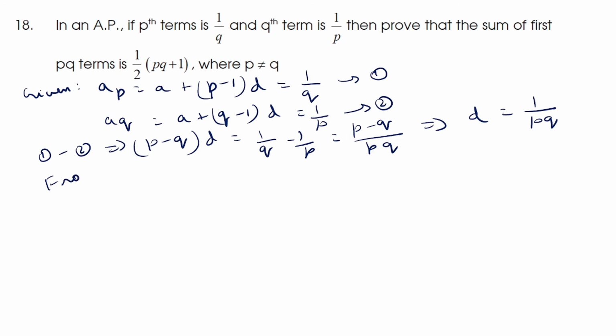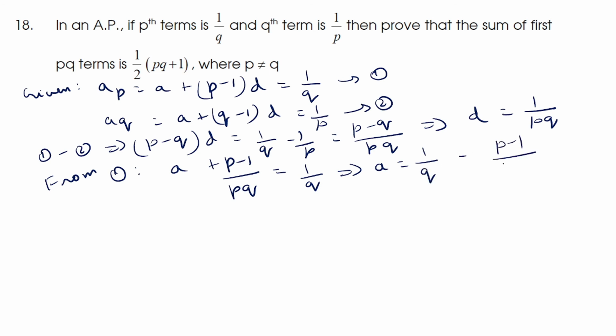Then from 1 we can find A. From 1, A plus (P minus 1) upon PQ is equal to 1 by Q. So we get A is equal to 1 by Q minus (P minus 1) upon PQ, or it is equal to (P minus P plus 1) upon PQ. It is equal to 1 by PQ. So A is also equal to 1 by PQ and D is also equal to 1 by PQ.